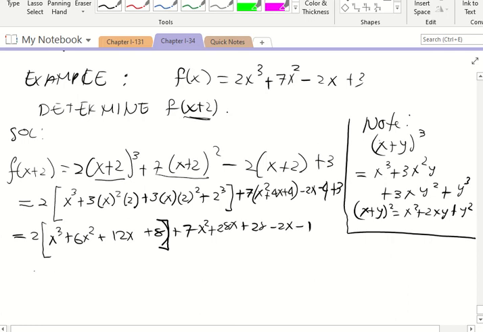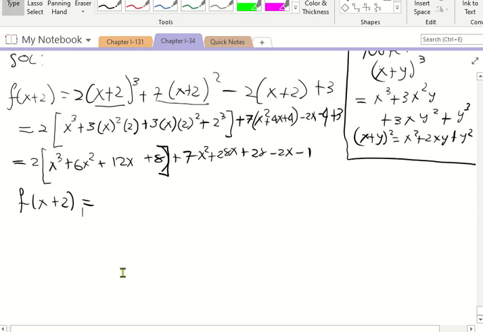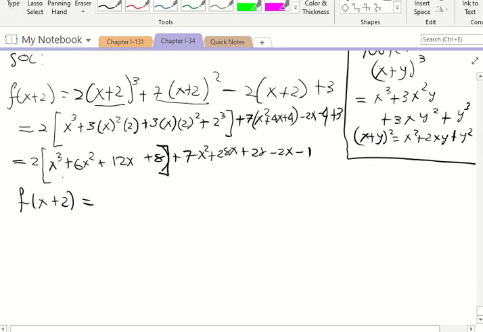Then we continue. f of x plus 2 now will be equal to, so I'll just put the answer here, we have only one x cubed term, so 2 times x cubed, this is 2x cubed. Then for x squared, we have two terms. For x squared, we have 2 times 6, that's 12, plus 7x squared, so plus 19x squared.